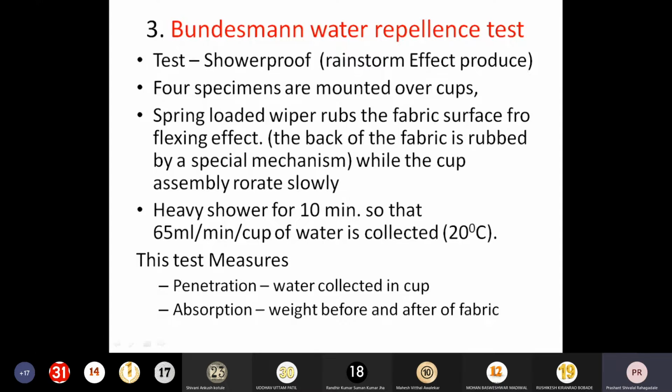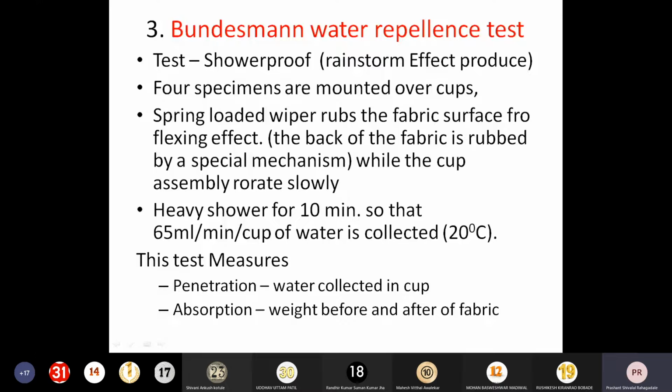Start the recording. So the next test is the Bundesmann water repellency test. Now the aim of this test is to reproduce the effect of a rainstorm on a fabric in the laboratory.